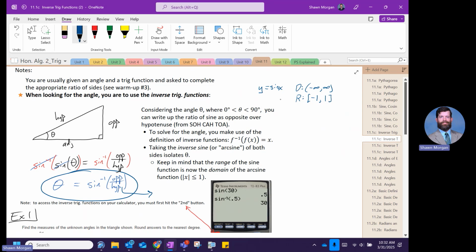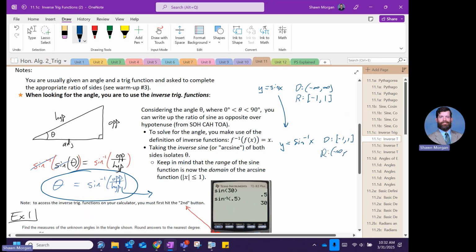So when we switch up and we've got y equals arcsine, or the inverse sine, what do you think the domain is going to be? From -1 to +1. And what do you think the range is going to be? Negative infinity to positive infinity.